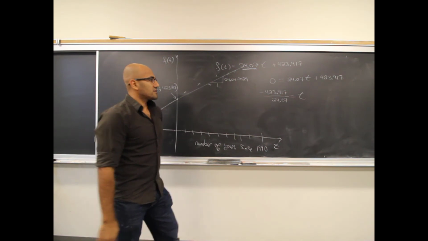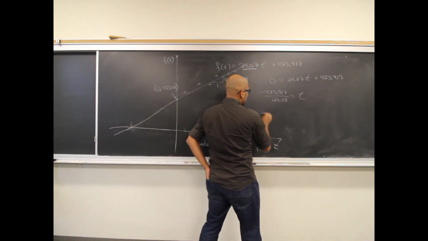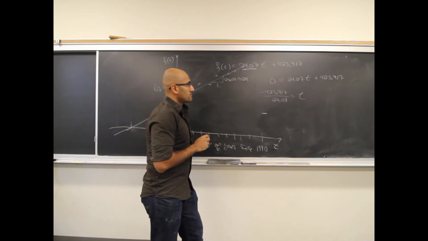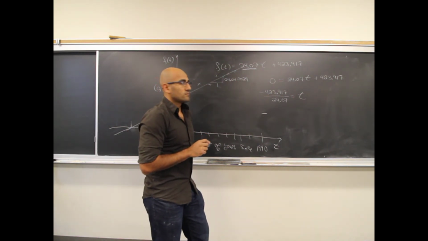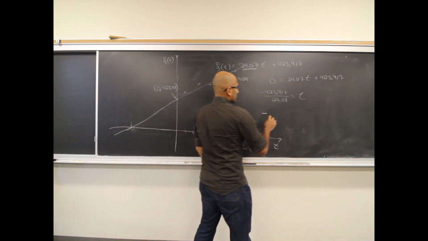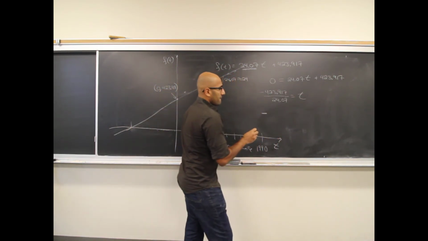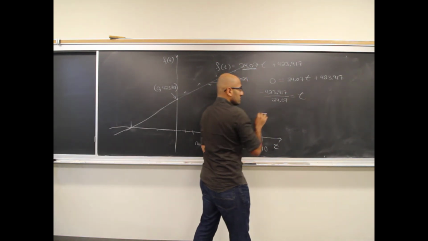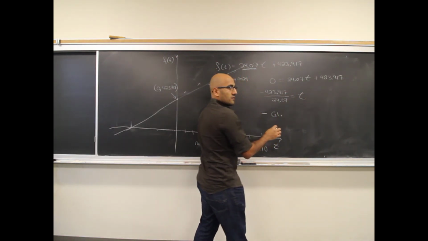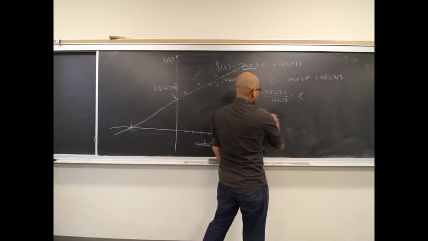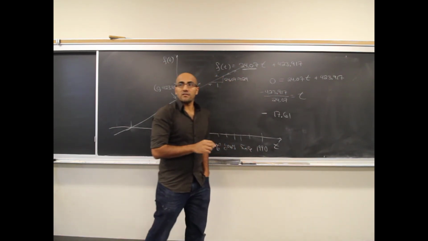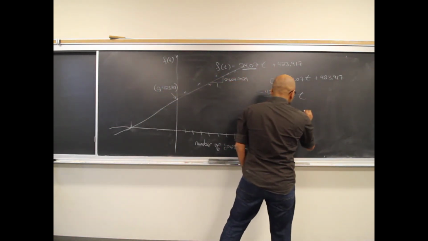And what do we get in that case? Negative 17.61, equals t.